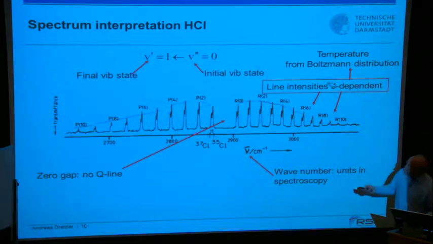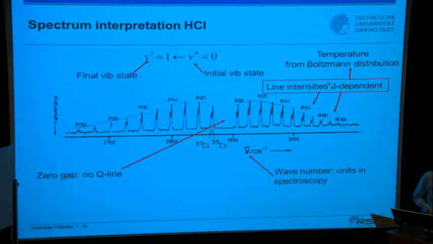And what you can see as well, for HCl, you see all the time these double structures. This is not a single line, but this comes from the fact that you have isotopes that occur naturally, and if you have an isotope, you have more neutrons, and thereby you have a different mass.